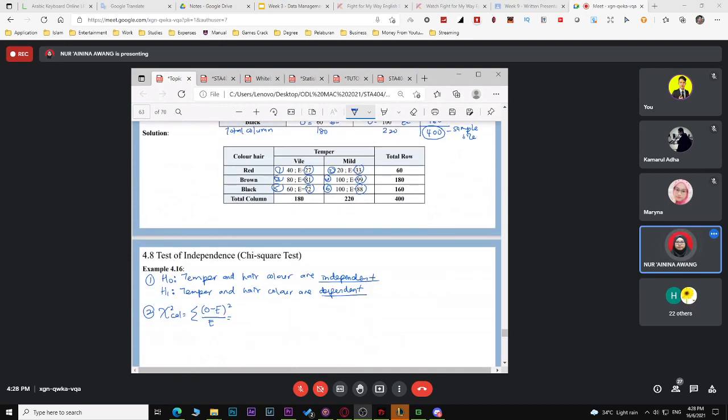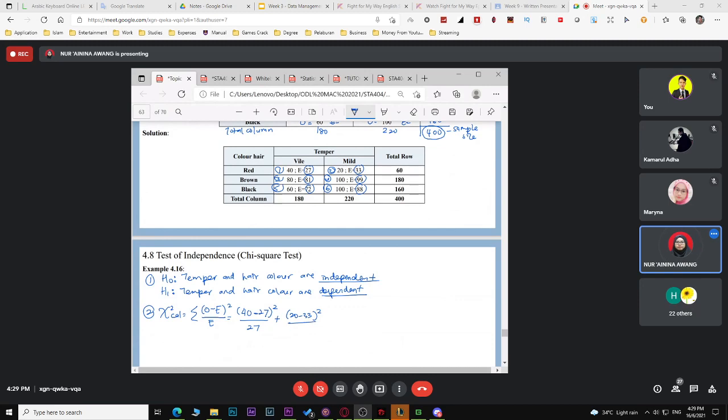Let's look at the first one. Your observed frequency is 40. So 40 minus the expected frequency 27, squared, over 27. This is the first number. And then the second one, you can choose either 80 minus 81 squared over 81, or 20 minus 33 squared over 33. It doesn't matter which.